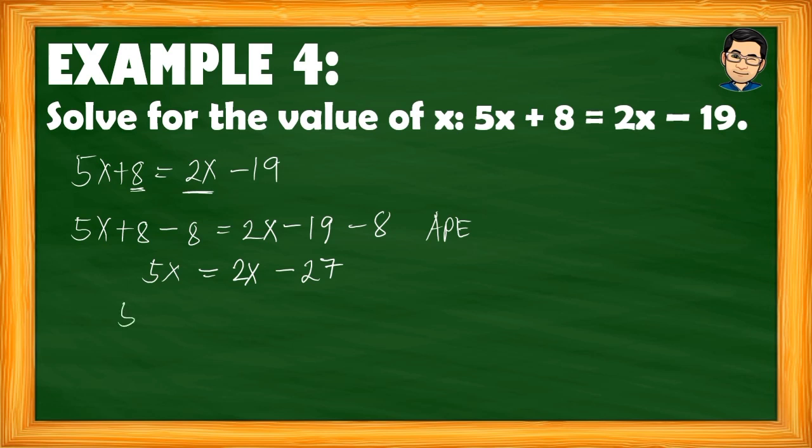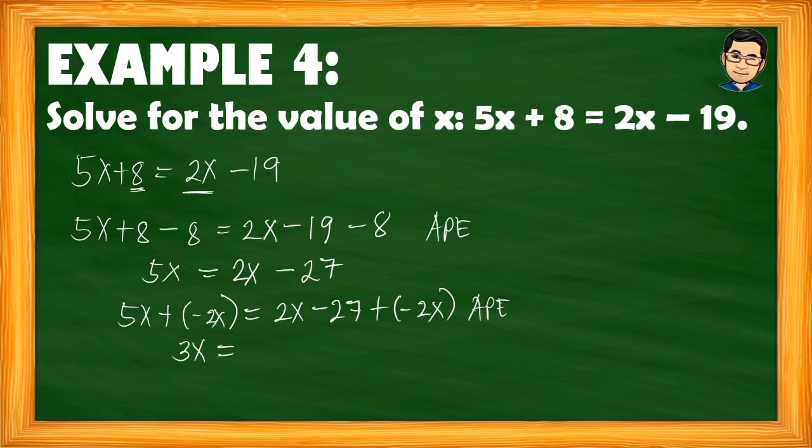So, magiging 5x plus negative 2x equals 2x minus 27 plus negative 2x. So, magiging ganyan siya. So, again, APE pa rin siya. And then, 5x plus negative 2x is 3x equals negative 27.